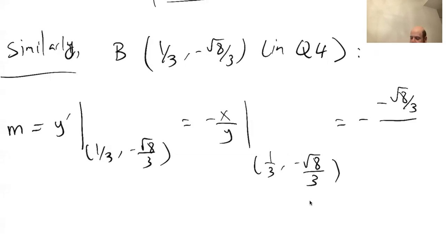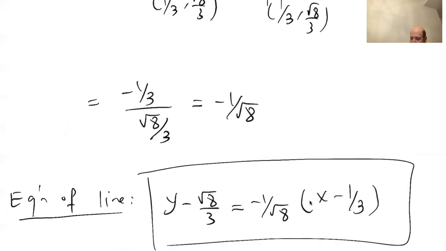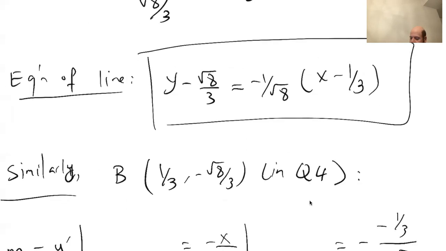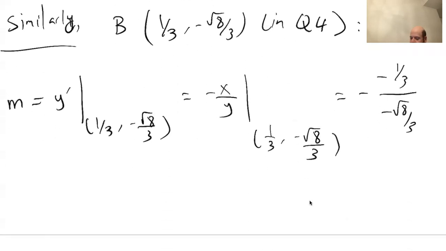So minus x over y, where x is 1 over 3 and y is minus root 8 over 3. So the answer will be positive 1 over root 8. So m is 1 over root 8.